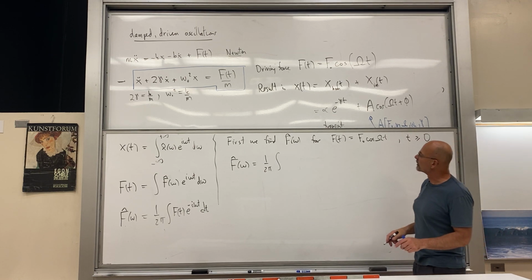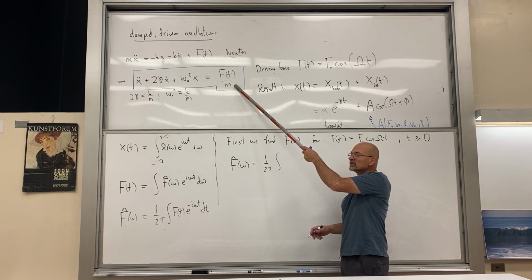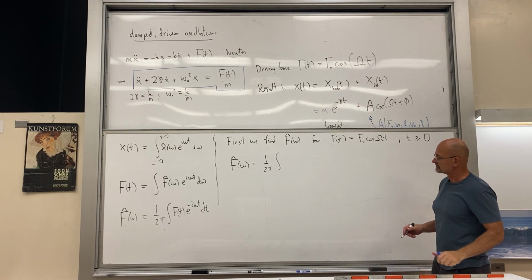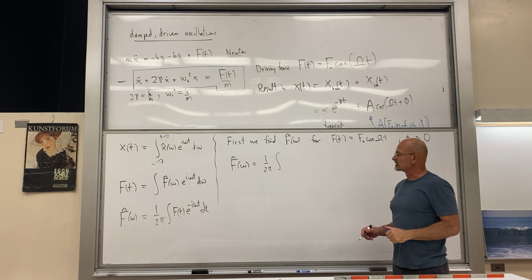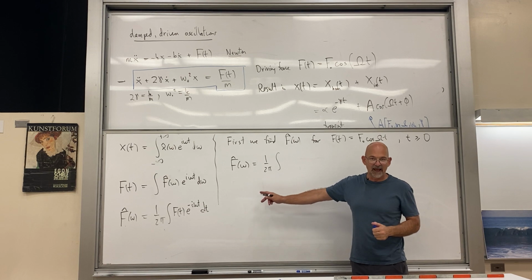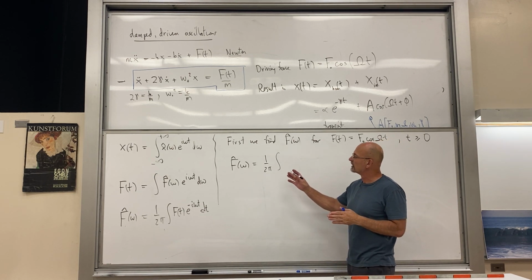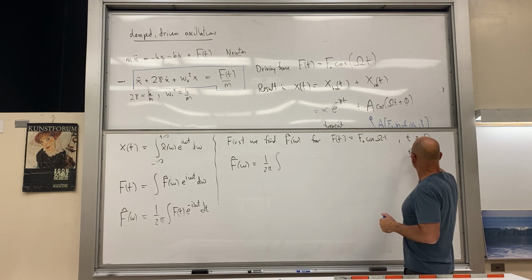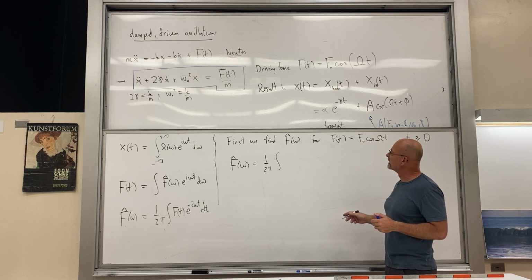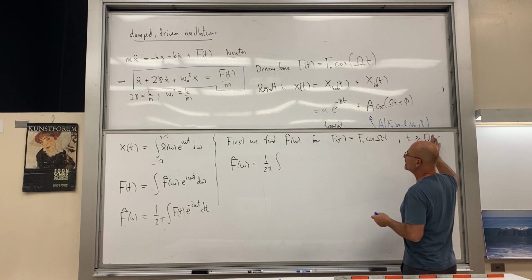So the problem that we're going to solve is that we turn on the driving force at t equals 0, and it's a sinusoidal driving force of this type. So our solution actually would have the transient growth and decay of the motion, right? Because if it starts at rest, then it will first be driven to some amplitude, and then the transient will go away.